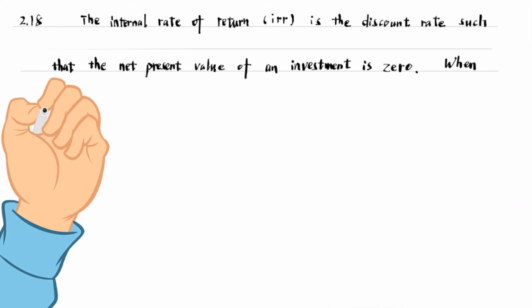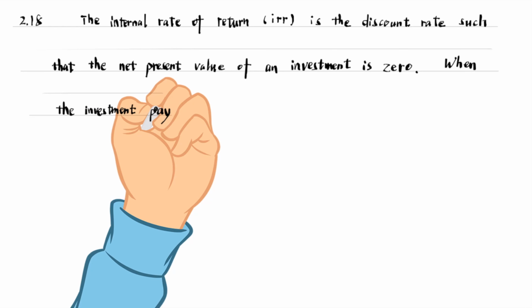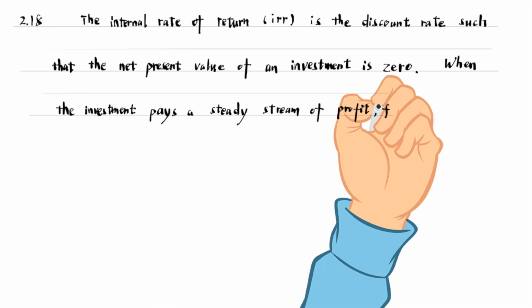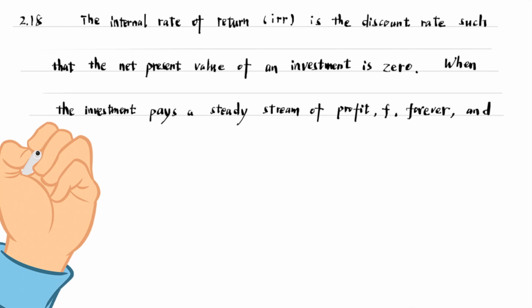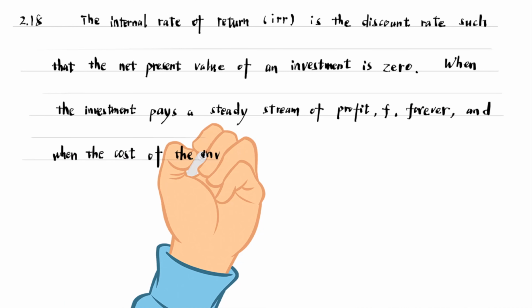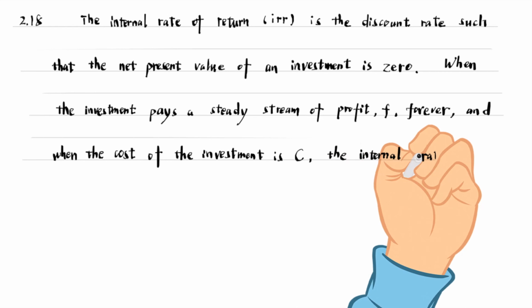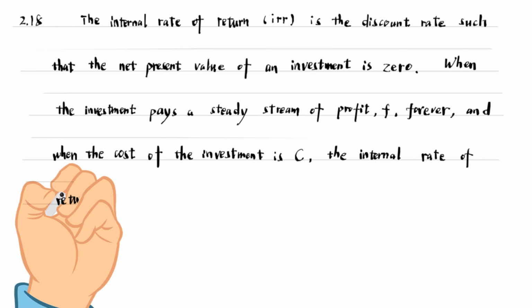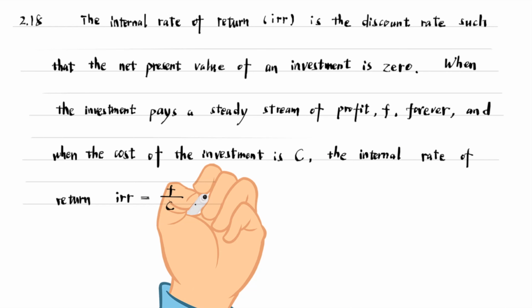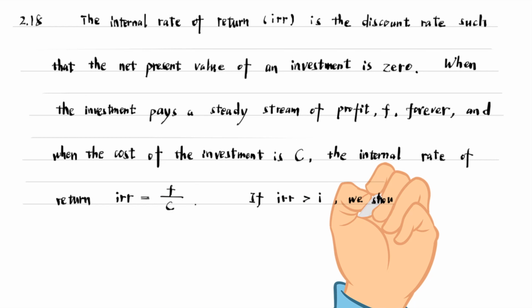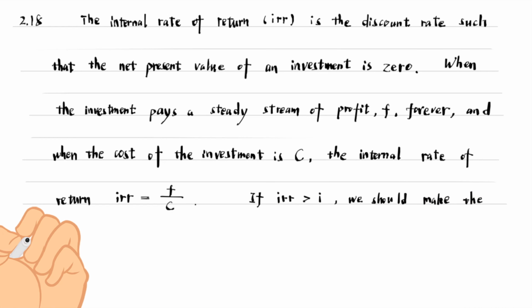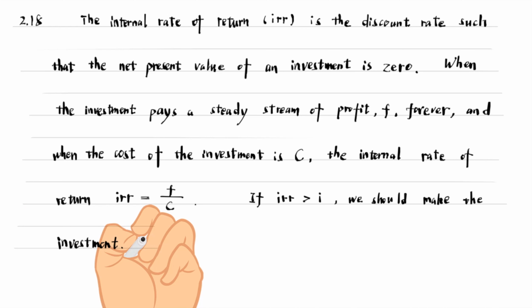When the investment pays a steady stream of profit F forever, and when the cost of the investment is C, the internal rate of return equals F divided by C. If the internal rate of return on that investment exceeds that of the next best alternative, which is the interest rate, then we should make the investment.